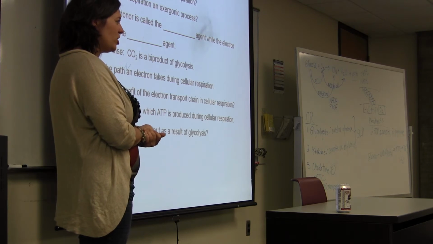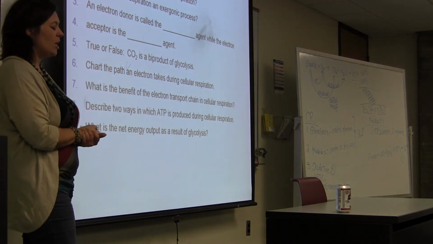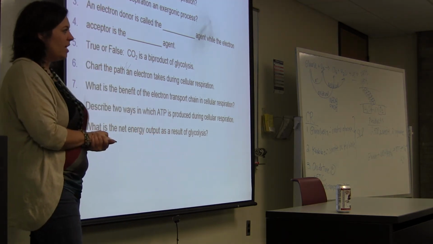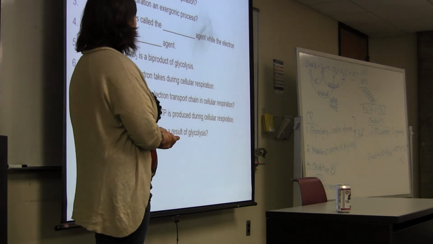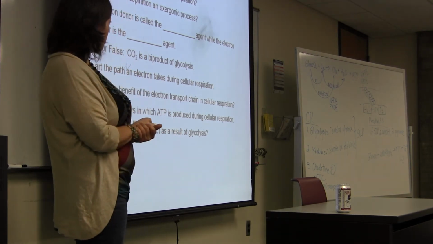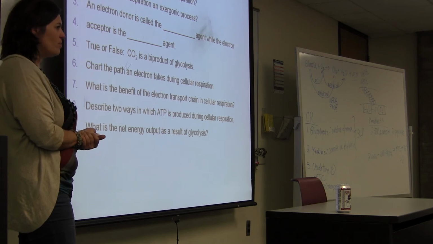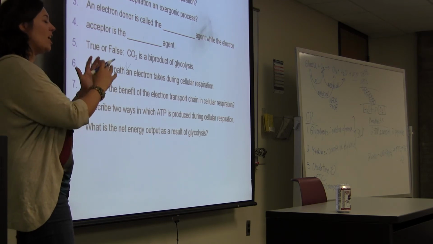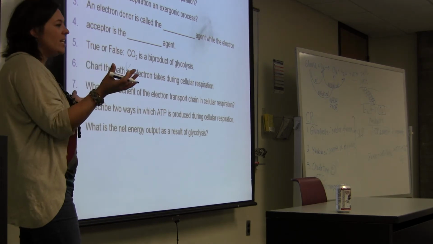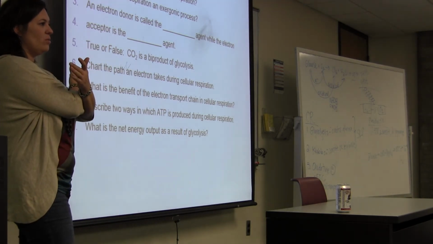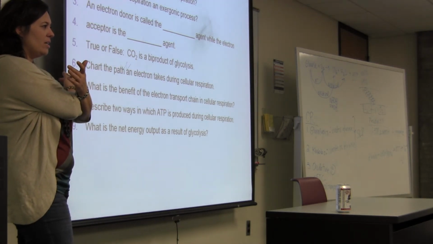Reduction is accepted. Oxidation is donated. So oxidation is definitely donating, and reduction is definitely accepting. So it's flip-flop though. When you're talking about the agent oxidizing or reducing, it's the opposite of what you would expect it to be.